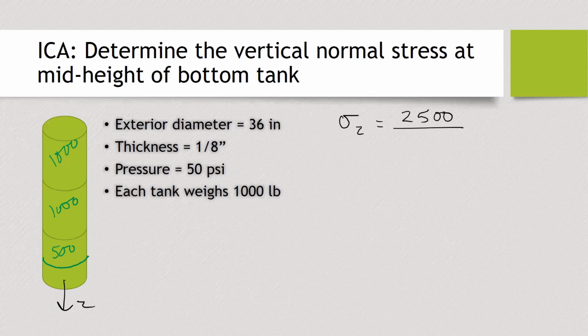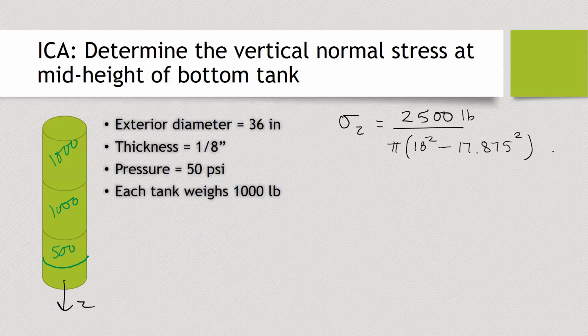So if I have a 36-inch diameter, that means I have an 18-inch radius. So pi r squared, and then minus pi r squared of the inside. So let's see, what is that? That would be 18 minus 1/8, so 17.875.